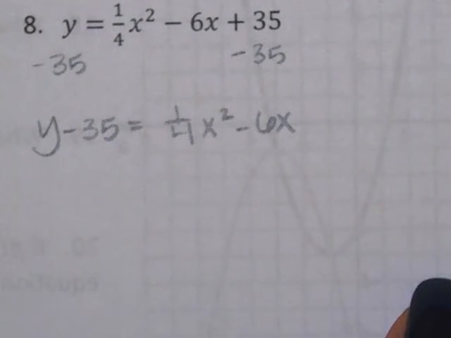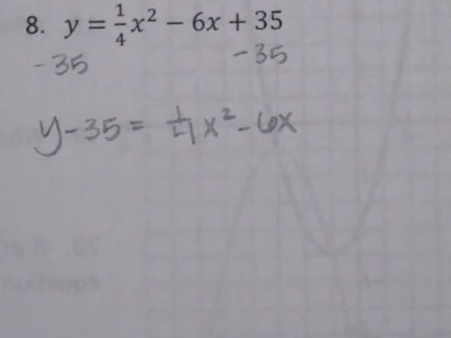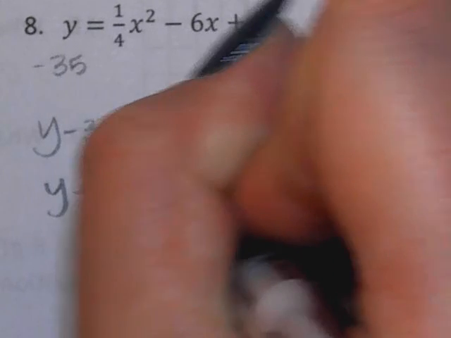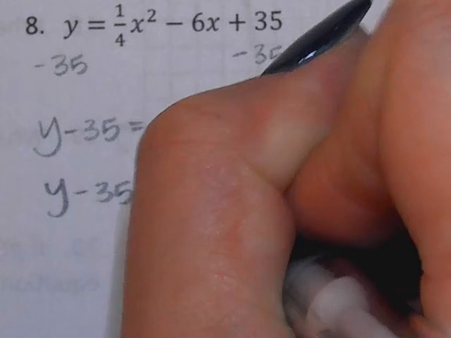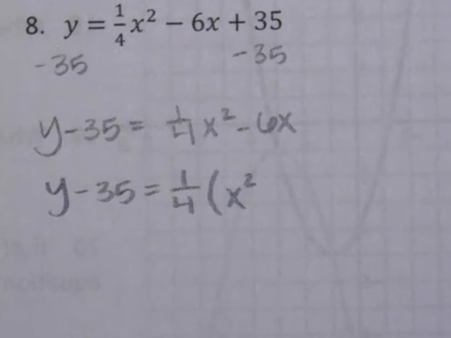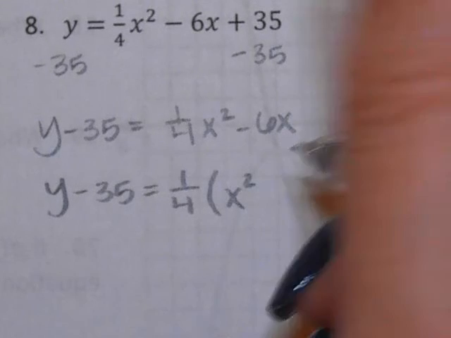All right, what do I do next? Kind of divide out 1/4, right? So, how many 1/4 go into 6 holes? 24, yeah.